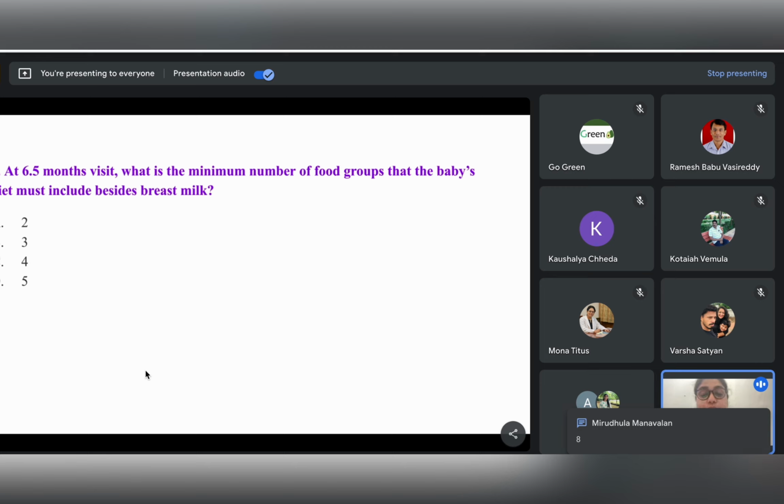But if you look at the question carefully, it is asking at the 6.5 months visit, right? So 6.5 means the baby has just completed 6 months and the complementary feeding has started, and it has just been 15 days since the complementary feeding started. So if you remember, we had also talked about introducing new food groups every 4 days, right?